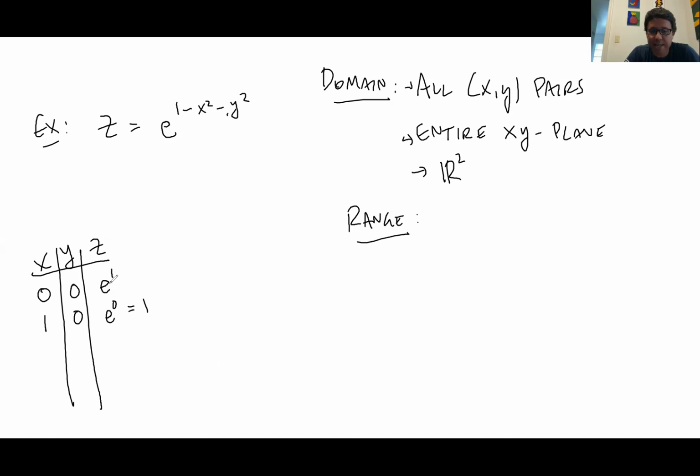I can get e to the 1 or e. One other thing to note, if I plug in 0 for x and 1 for y, I also get e to the 0, which is equal to 1. Oh, so I may actually end up getting the same thing out in more than one case.